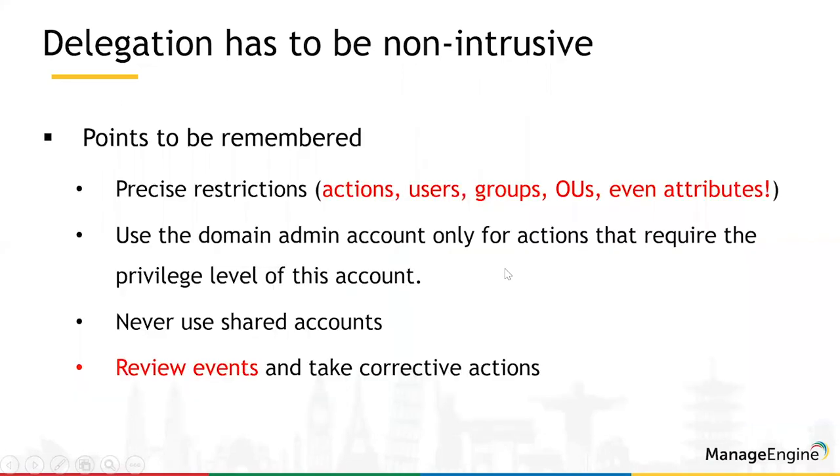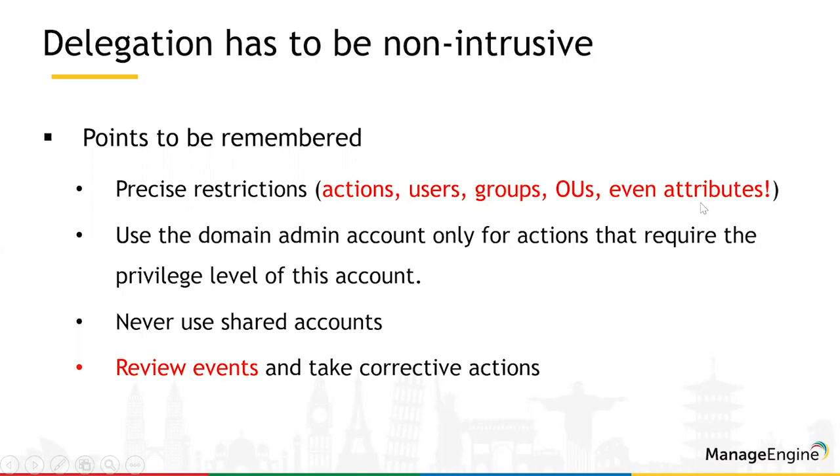Now, there are other things that we'll have to keep in mind when we talk about delegation. The points to be remembered when you delegate an action, be it in your on-prem Active Directory or in your Azure Active Directory, is that the restrictions have to be really precise. You should be able to restrict an action, restrict users, or groups, OUs, or even attributes.